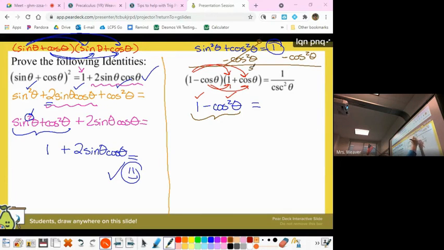That leaves me sine squared theta on the left equals 1 minus cosine squared theta on the right. So what is 1 minus cosine squared theta equal to, David? It's equal to sine squared theta. So we can substitute that in.